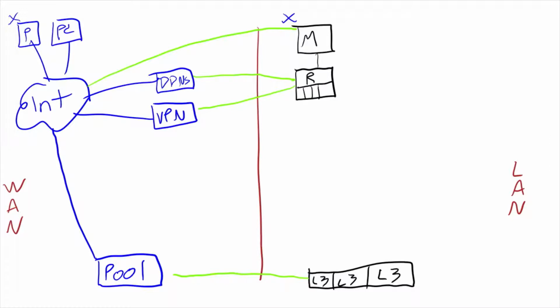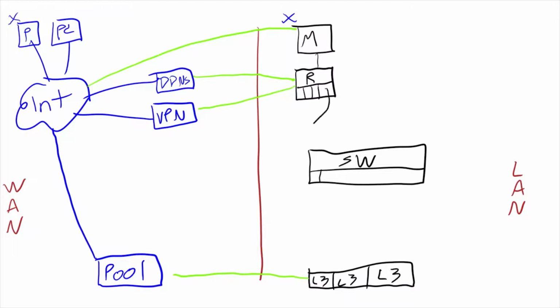Now, the third thing that the router does is, we will draw a switch. And this switch represents what the miners are going to connect to in just a second. This router will take one of these ports and connect it to the switch. What this router does is QoS, quality of service.